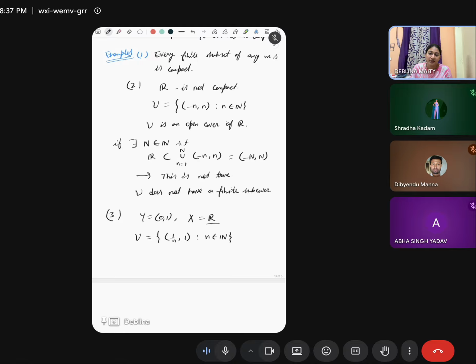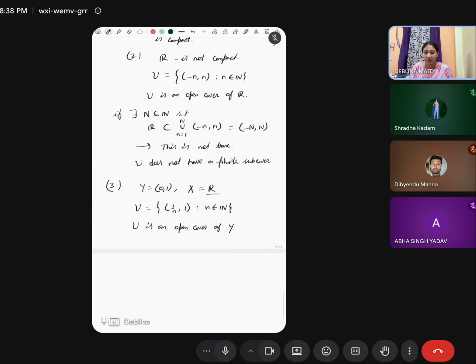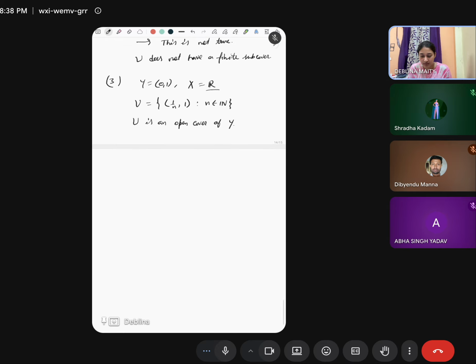the union of these open intervals covers (0, 1), so U is an open cover of Y, but it does not have a finite subcover.